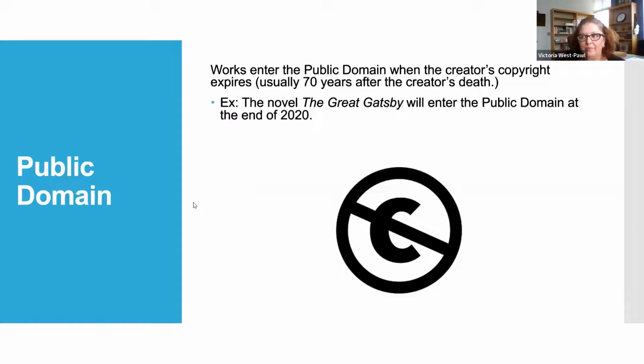Works enter the public domain when the creator's copyright expires, and that is usually 70 years after the creator's death. So for example, the novel The Great Gatsby will enter the public domain at the end of 2020. Then with that material, you could adapt, copy, or reuse the work of The Great Gatsby.